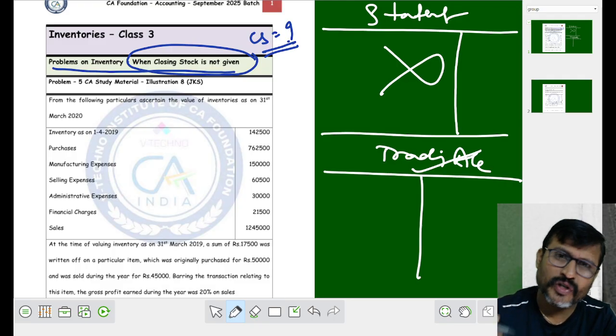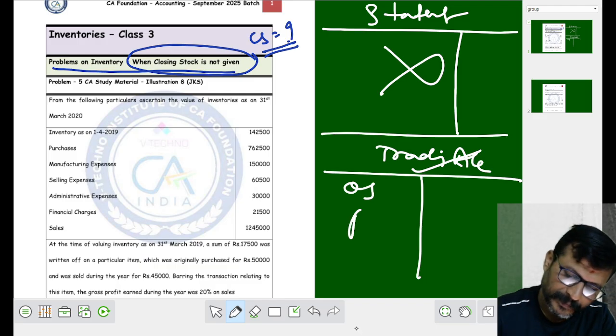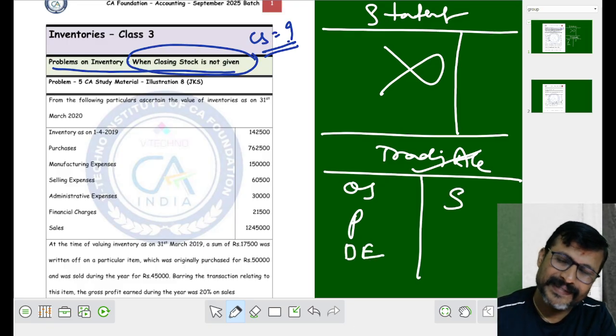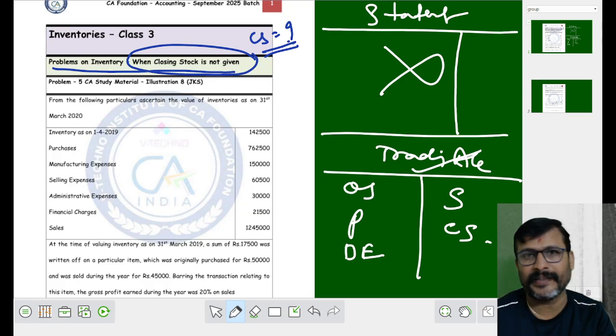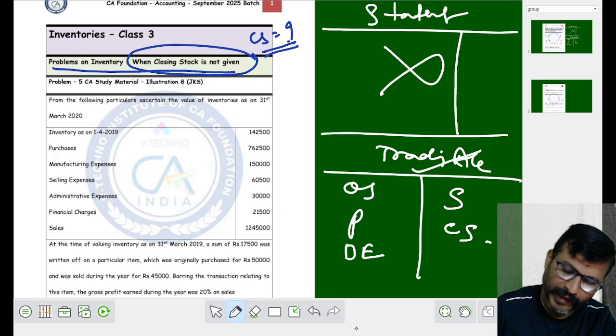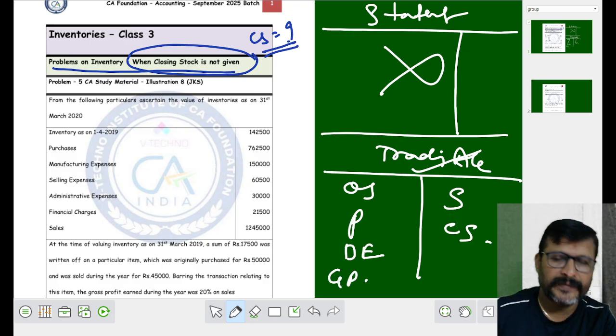Now, how to start this trading account method? Very simple. As you know, opening stock comes in debit side, purchases comes in debit side, direct expenses in the debit side, sales on the credit side, then closing stock is on the credit side. When once you close, we are getting gross profit.